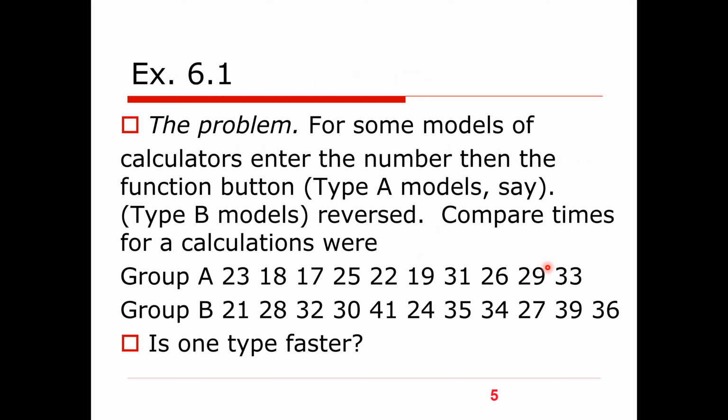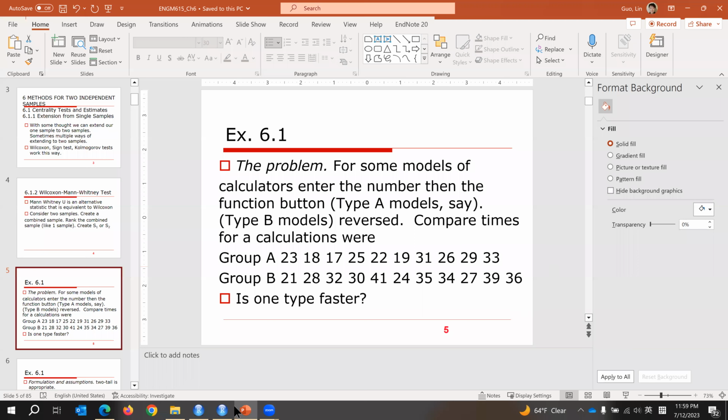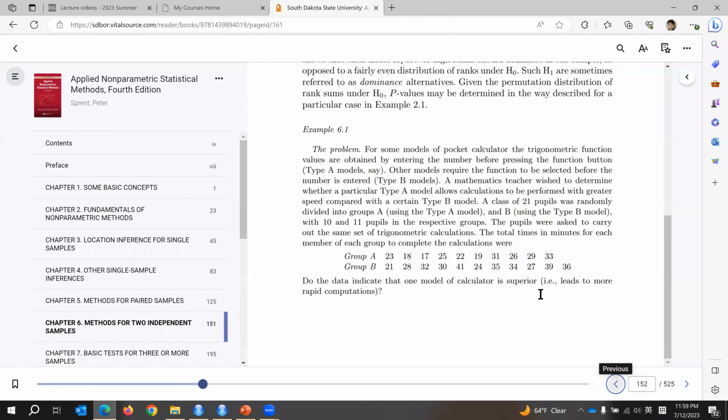So example 6.1. Okay, let's go to the textbook to skim the problem. It's better than just being read by me. It's on page 152, example 6.1. There are two models of calculators in terms of running trigonometric functions like sine, cosine, tangent in triangle problems.